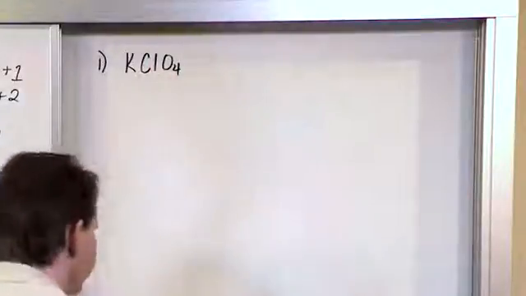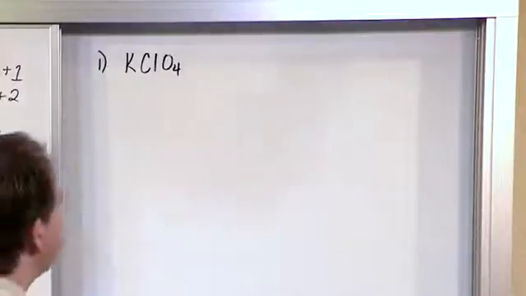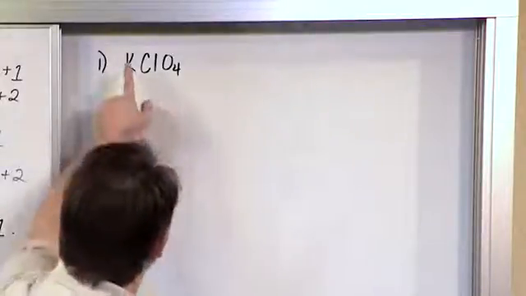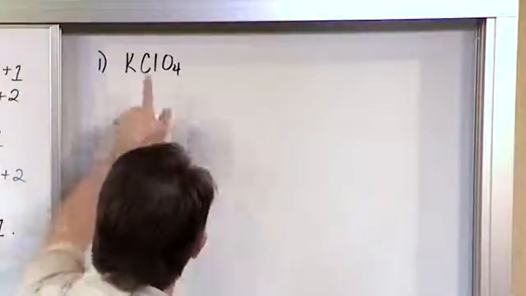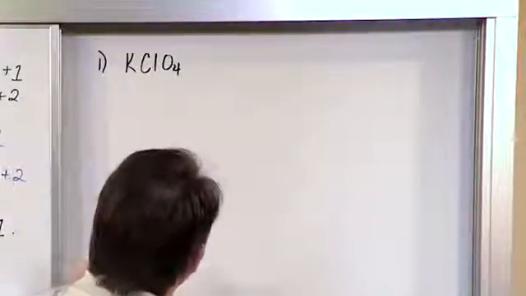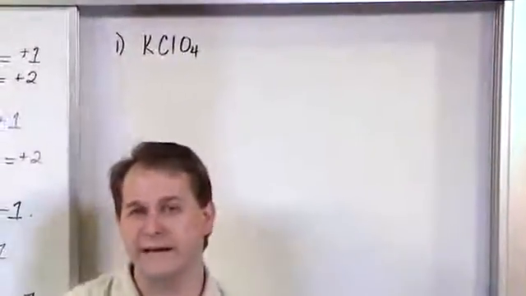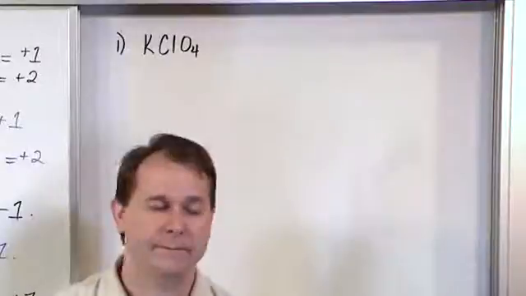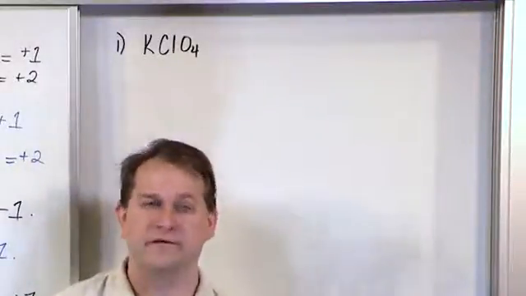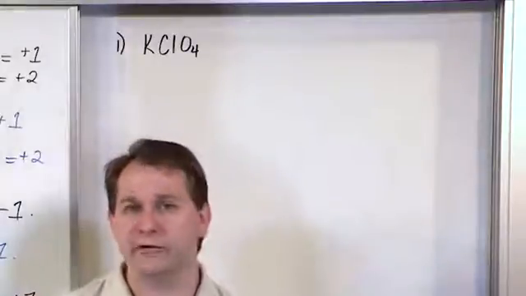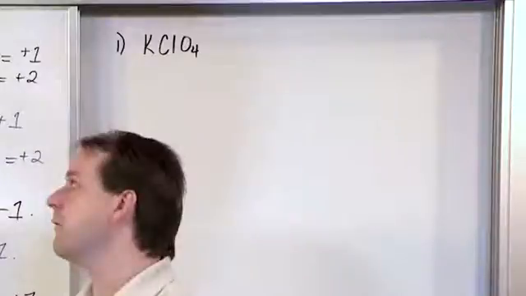If you look at the periodic table, you're going to say to yourself, okay, potassium likes to have a charge of +1, chlorine likes to have a charge of -1, and oxygen likes to have a charge of -2. That's what we would typically say from everything we've learned up until this point. Some of those answers are going to be right, but one of them is not. If you just go from your gut instinct, you're going to be wrong a lot of times. You have to use the method that we've outlined here.